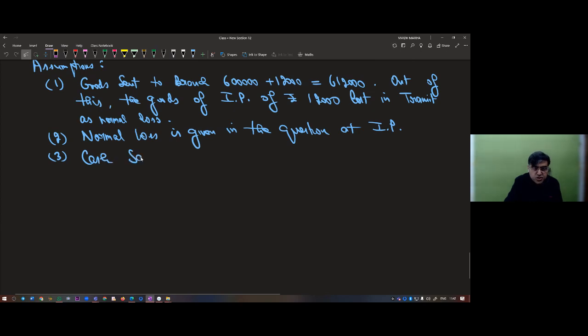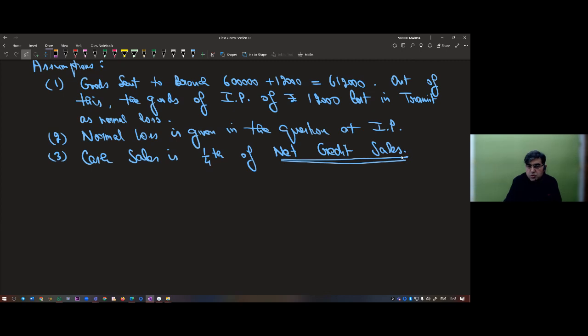Cash sales is 1/4 of net credit sales. Note.